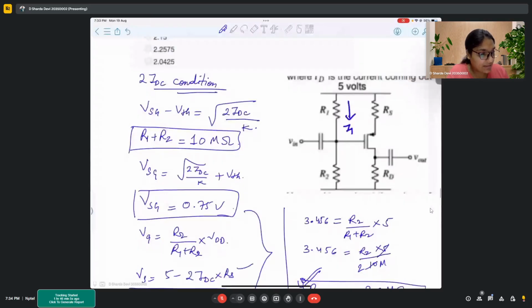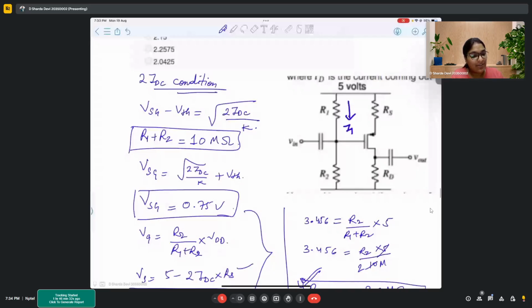From here we observe that while considering 2 IDC, the resistor values were R2 as 6.913, whereas R1 was 3.08. And if we look into the options, we don't find any option over here, right? So considering 2 IDC in this case was not correct because we don't have the option for that.